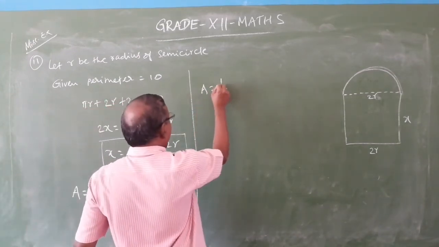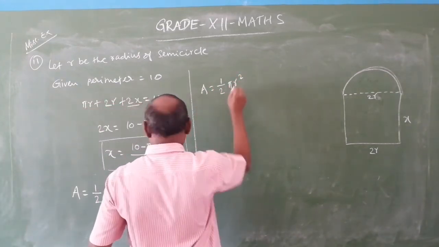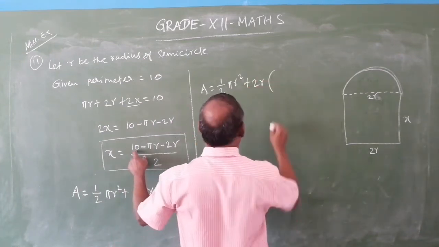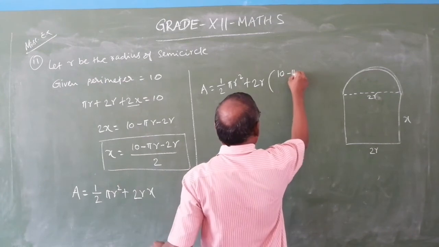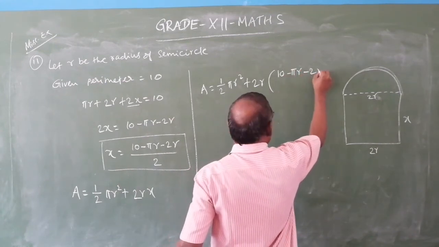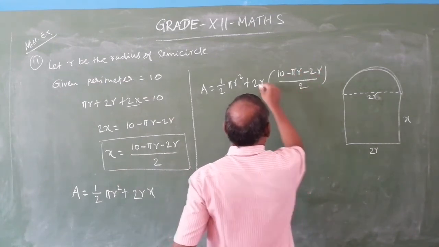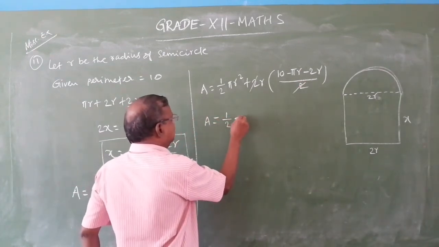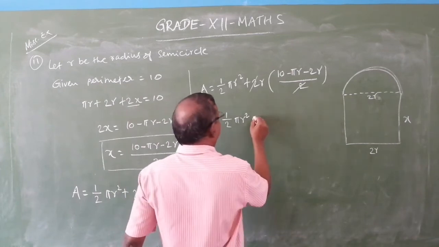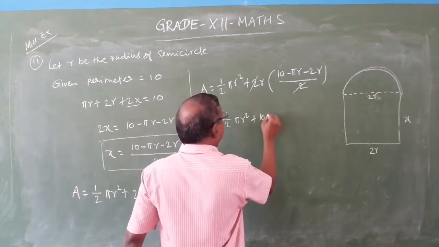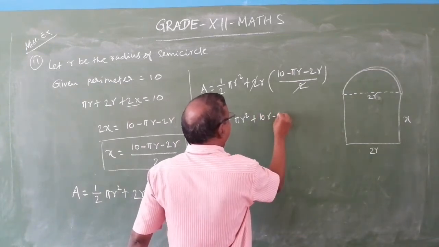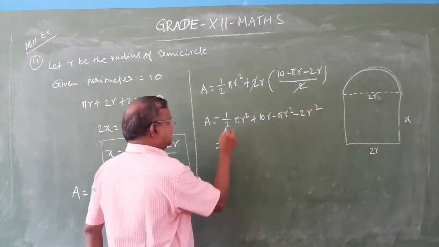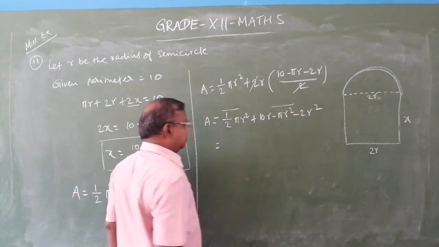Now, recalling the value of x, we have A equals half pi r square plus 2r into (10 minus pi r minus 2r) whole divided by 2. Now A equals 1 by 2 pi r square plus 10r minus pi r square minus 2r square, that is half pi r square minus pi r square equals minus half pi r square.